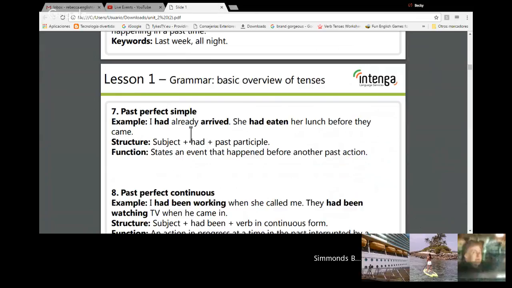So great. I had already arrived. Any questions? Here, this is pretty simple because we're using had for every single subject. Why? Just like the past simple, we only have one verb conjugation for all of the subjects. Irregular or regular verbs. Okay. Any questions about this?